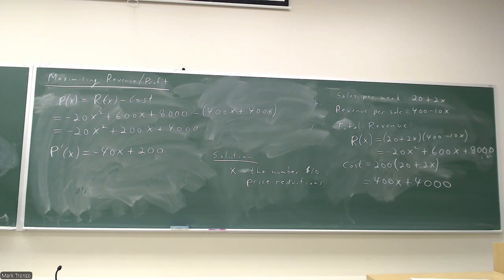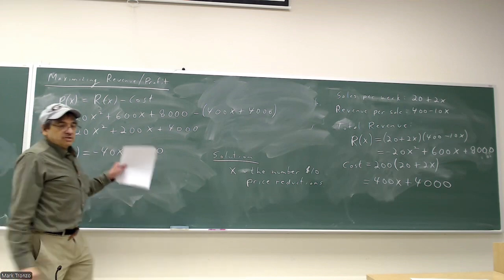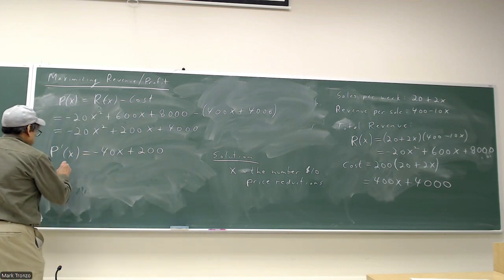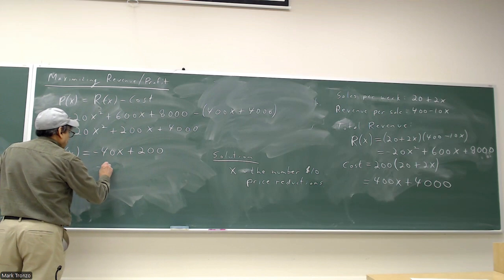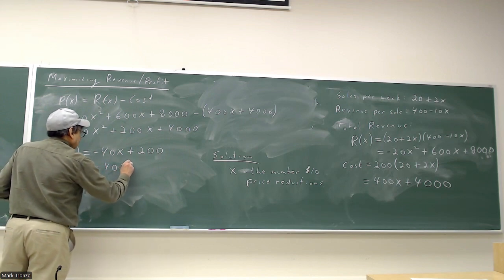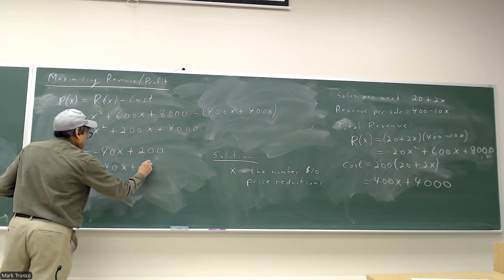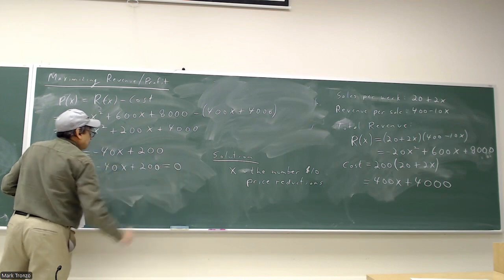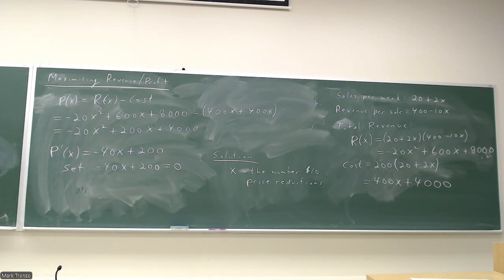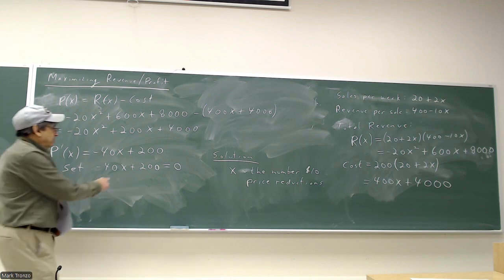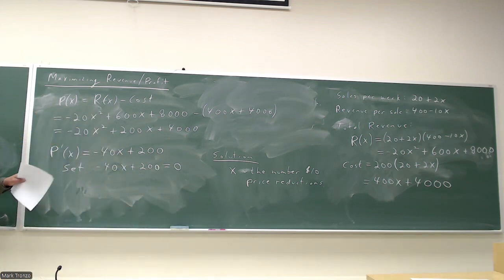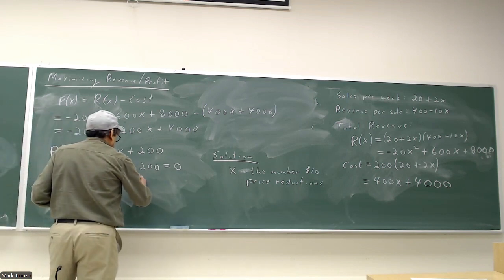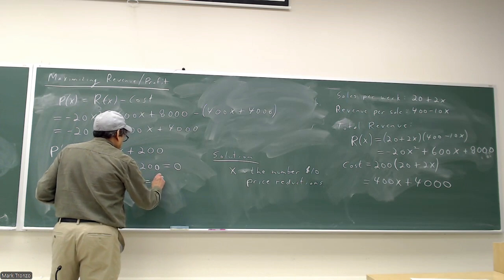Again, set this equal to 0 and then solve for x. We bring the 200 to the right, that becomes a negative, divided by negative 40. That ends up being x equals 5.